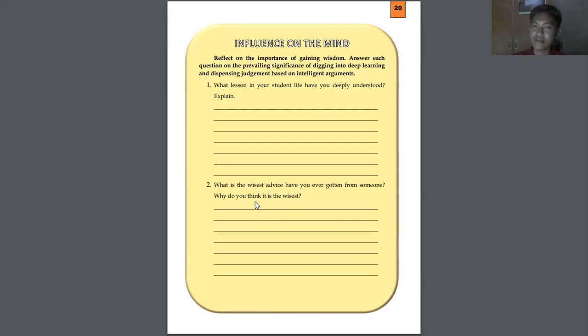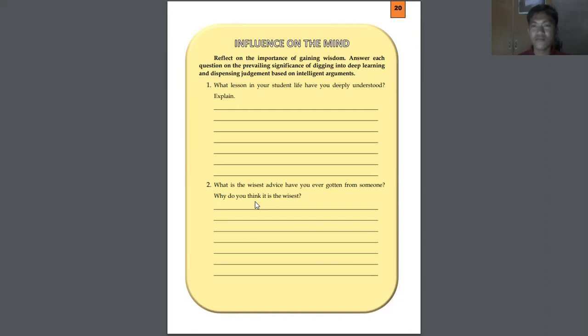Next is, what is the wisest advice you have ever gotten from someone? What do you think is the wisest? So here, the student will be able to realize things. They will be able to gain values, and it is important to integrate values. Why? Because learning or being an educated person is not just about your knowledge of things, but it is also how you behave, how you value things, how you treat people.